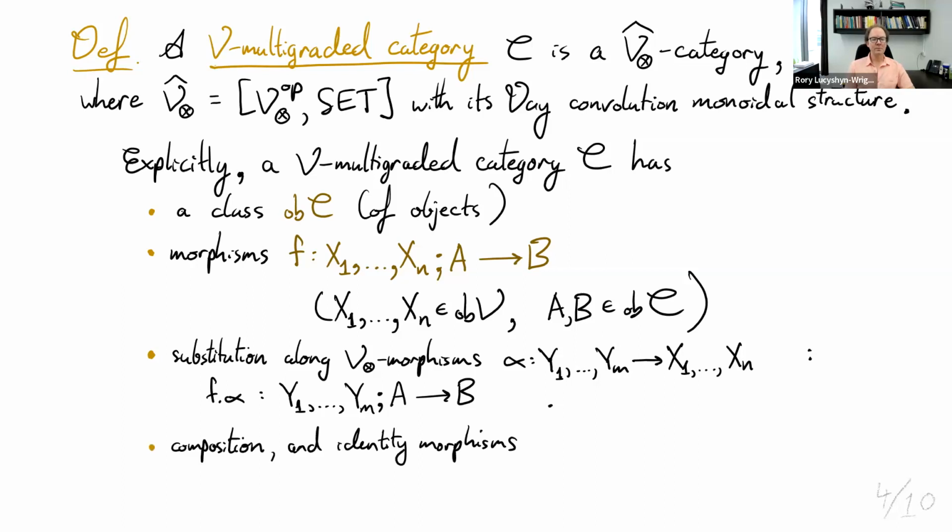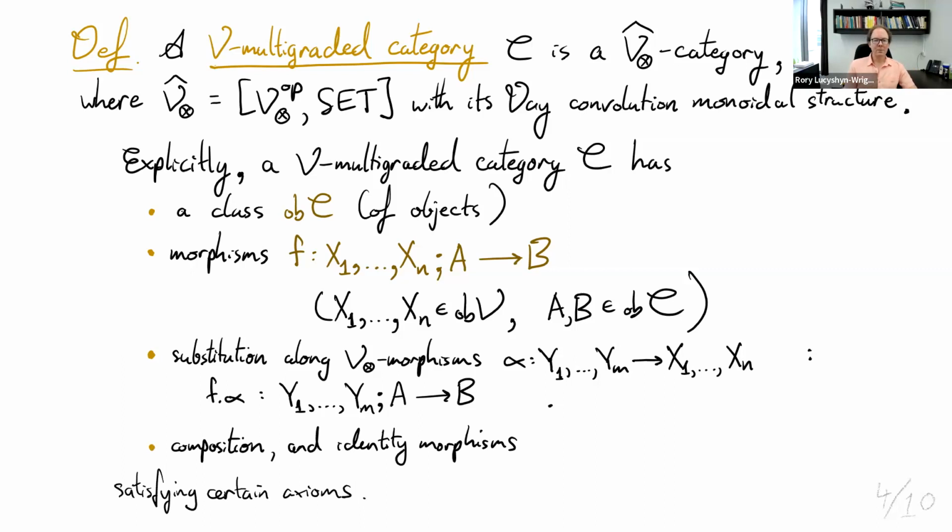And we want to be able to compose these generalized morphisms. So there's a composition required, which we can describe, and identity morphisms also, and we ask that these data satisfy certain axioms. So this is an unpacking of the notion above, which we're calling a V multi-graded category.